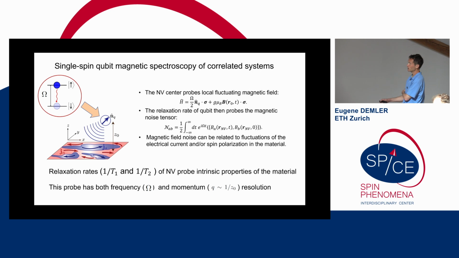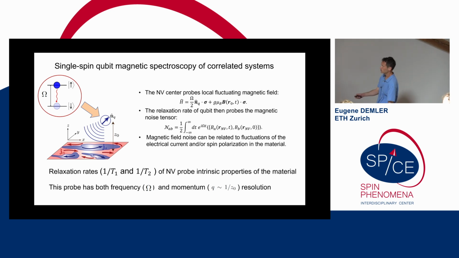What is even more remarkable is that this probe also has some spatial resolution. It's not just the scanning type of resolution, but you can think about fluctuations happening at all length scales. However, we have a very specific length which has to do with the distance between the NV center and the substrate, meaning the many-body state, and as we'll see later on, the fluctuations that have the strongest effect on relaxation have a wave vector given by 1 over the distance to the NV center.